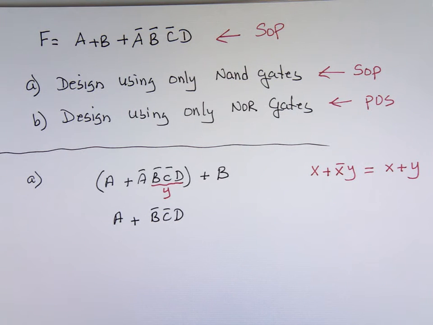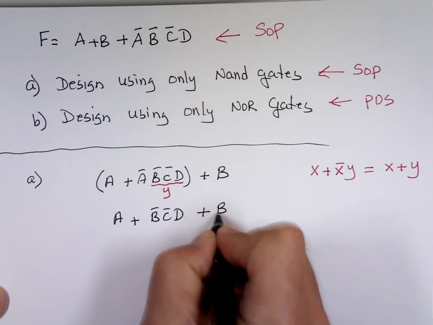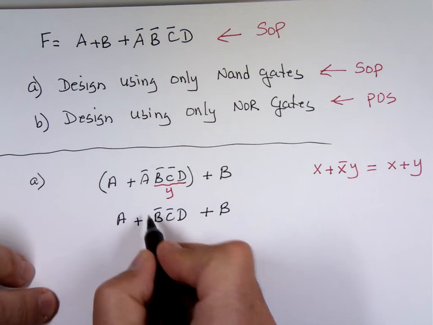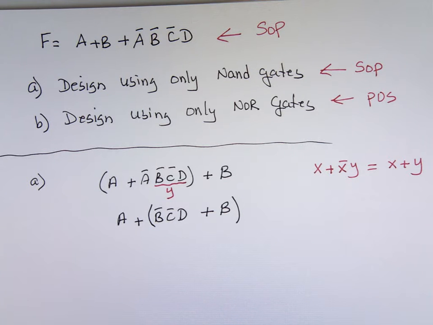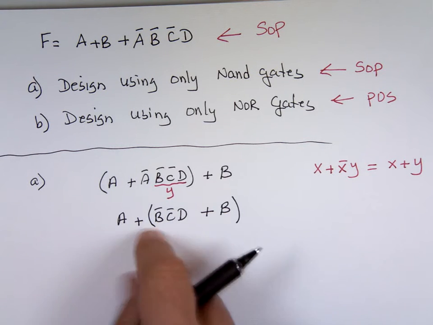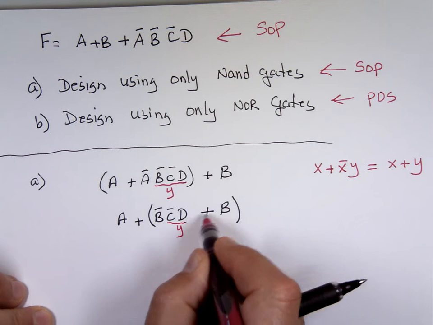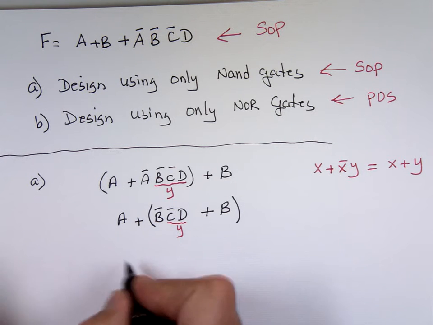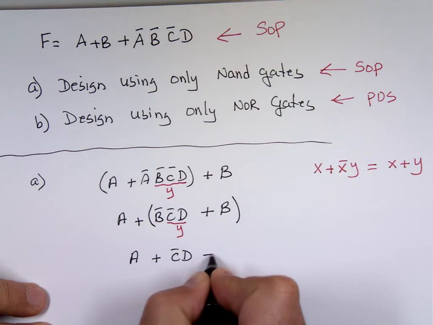Agree with that? Now let me group these guys together. B bar, so this is my y here. B plus B bar y, I should be able to drop the B bar and write that as A plus C bar D plus B.